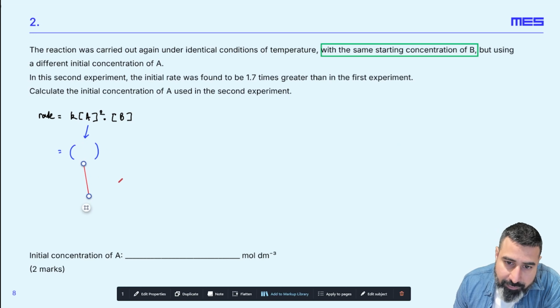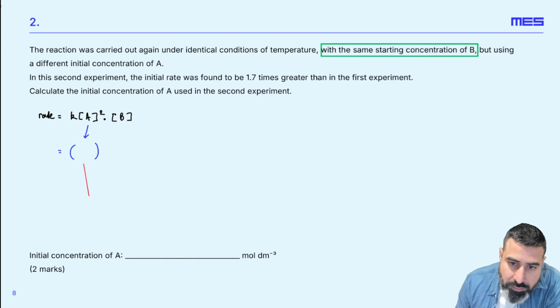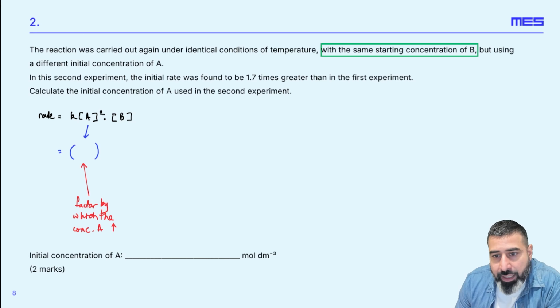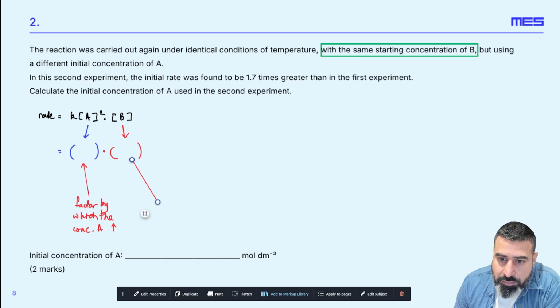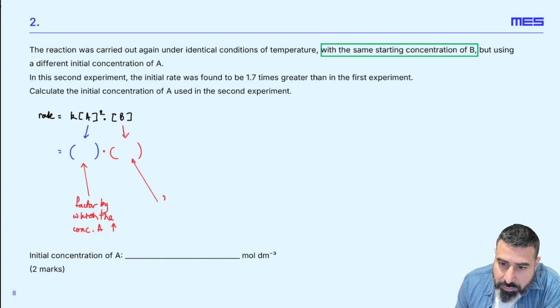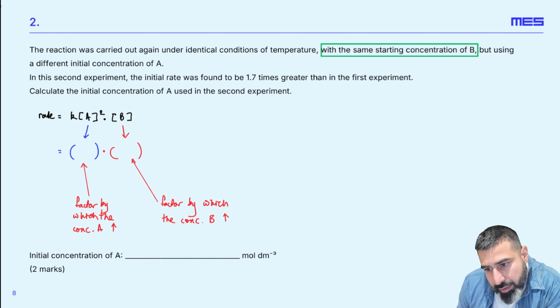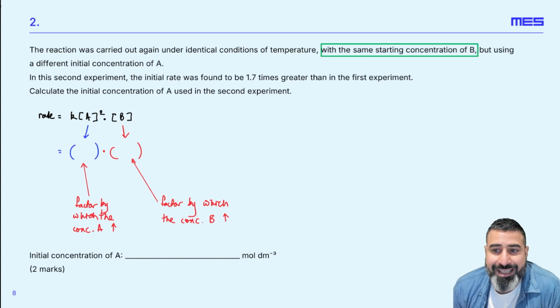So over here, this is the factor by which the concentration of A changes or is increased or decreased, whatever. Okay, and we're going to do the same thing here with B, and we are going to say that this is the factor by which the concentration of B is increased or decreased, or whether it stays the same, okay?